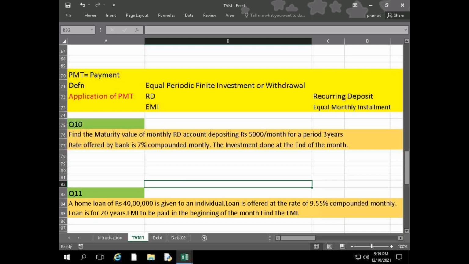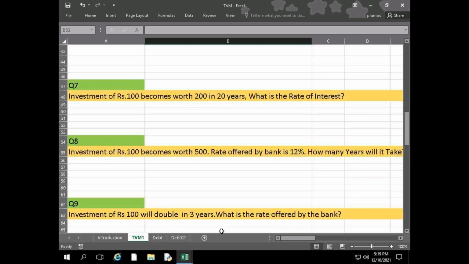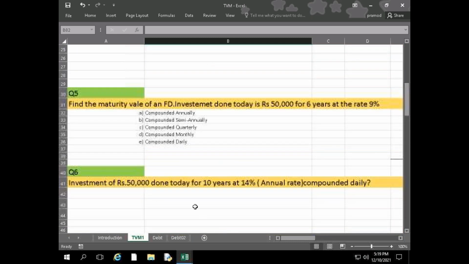For me, it took nearly 6 to 7 months to come to grips with this financial model. So you need to practice more.